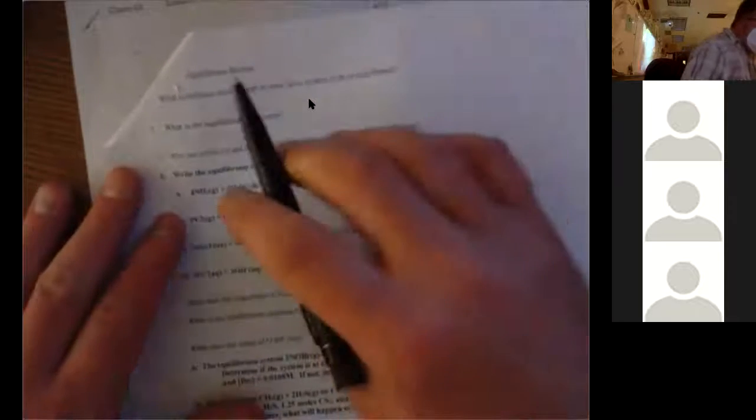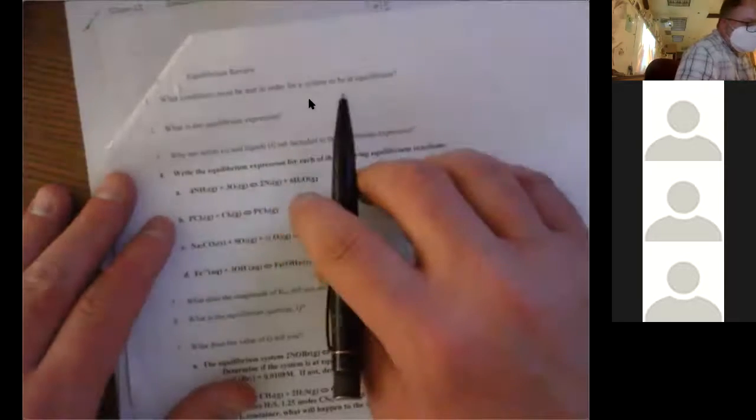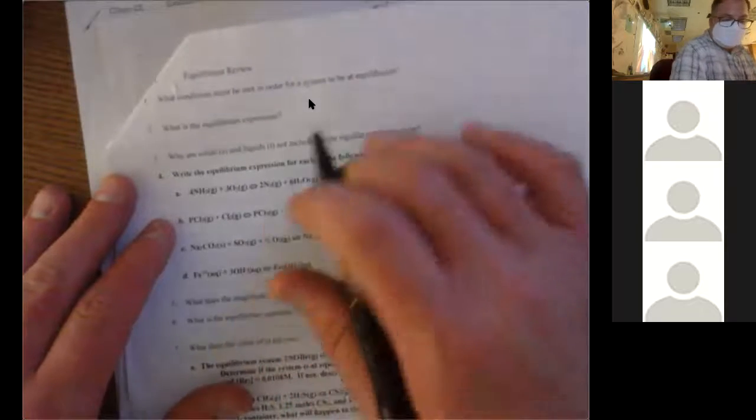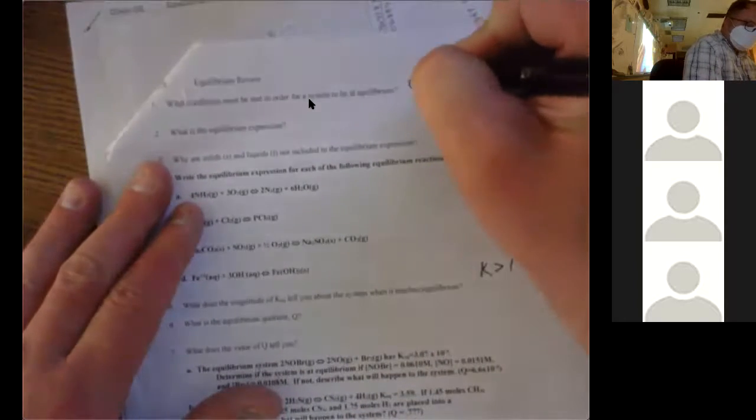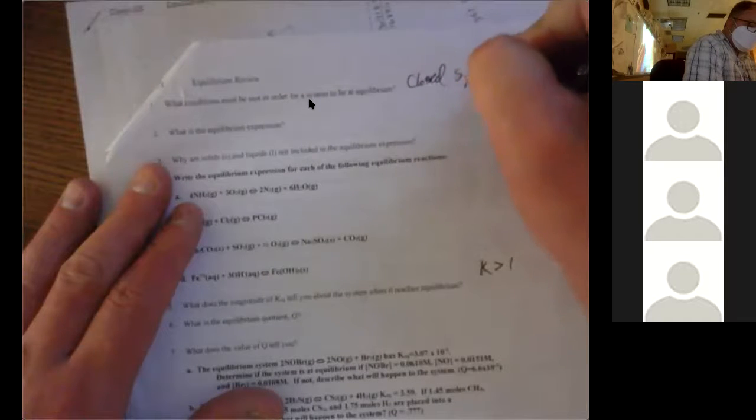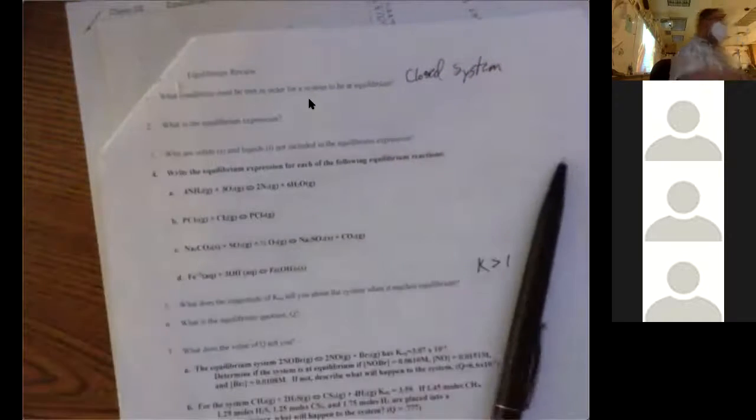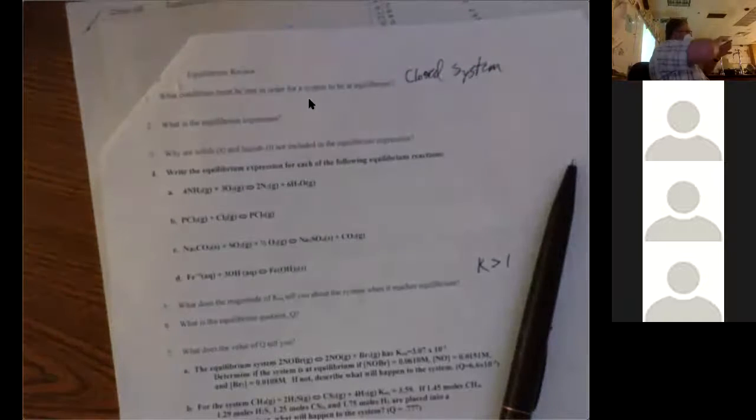What condition must be met in order for a system to be at equilibrium? So if we're looking at a system at equilibrium, basically you have to have a closed system. So a beaker with a reaction going on in there, that would be a closed system. Volumetric flask, yeah.